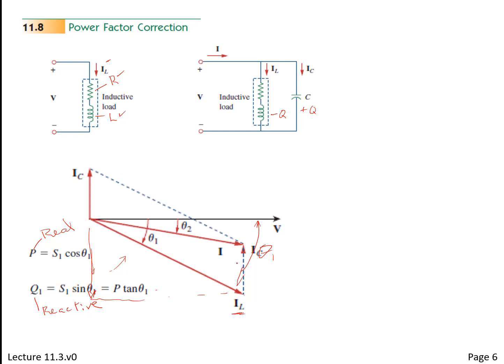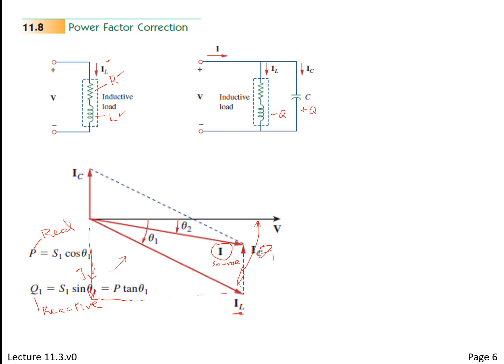So from the power point of view, I've dragged the current out of the source. Right? This is the source. Here's inductor current down here. Right? I've taken the source. The source current is now less. See, this is the source. It's not so bent.